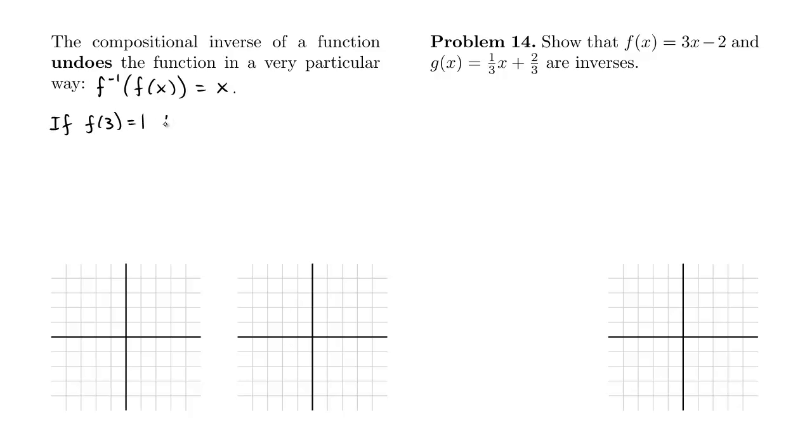What does this information tell us about f inverse? Well, f inverse of 1 is f inverse of f of 3, and by our rule for compositional inverses, that should be equal to 3. So, f inverse of 1 is 3. That is, the point (1, 3) is on the graph of f inverse.